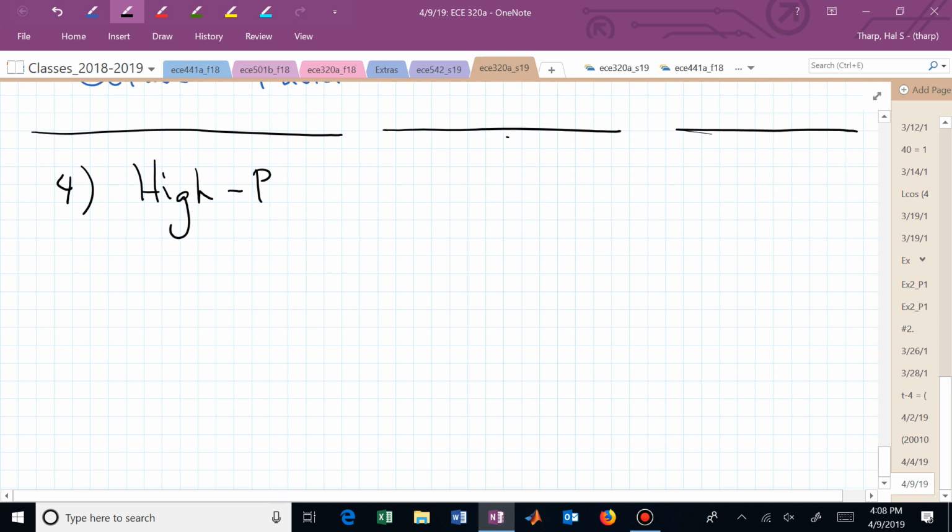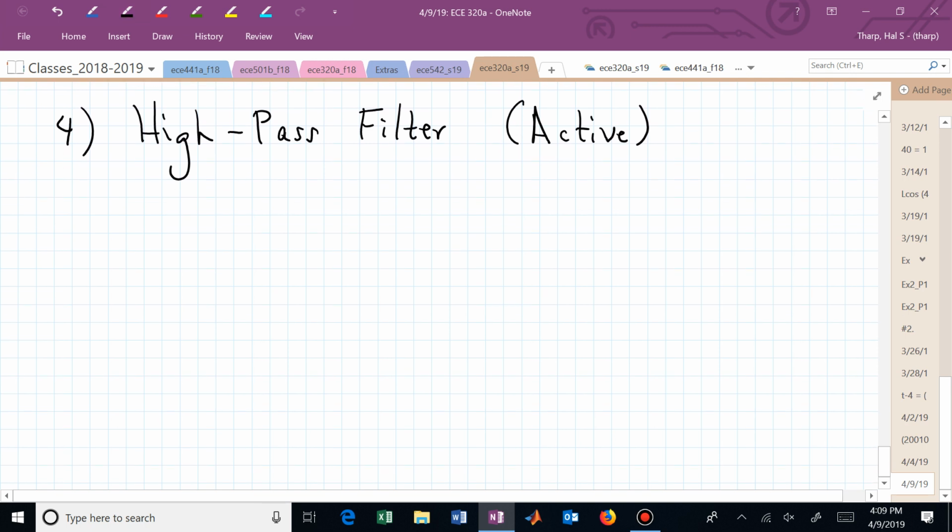Let's see if we can create a high-pass filter that is in fact active. And now let's build it a little bit differently. If you're now trying to envision what this looks like in terms of its frequency response, do you have a picture?